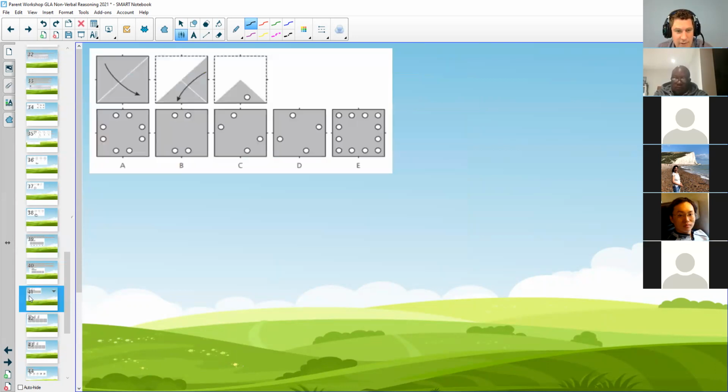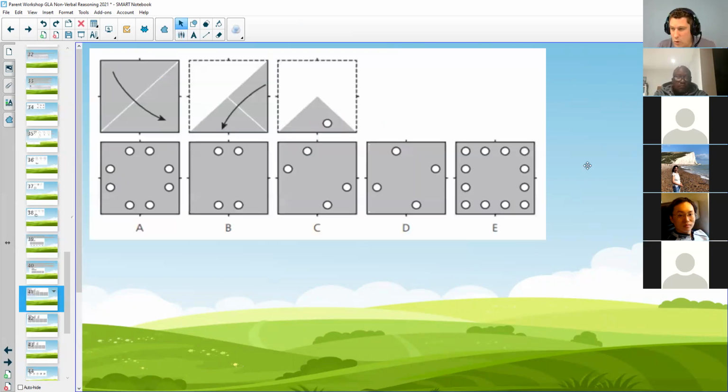So let's go and have a little look, guys, at some maybe slightly harder ones. So I've got 3 for you to have a look at. I wonder whether you all could have a little go at that one.